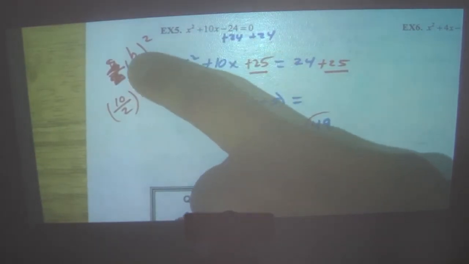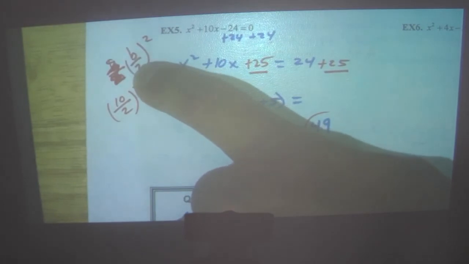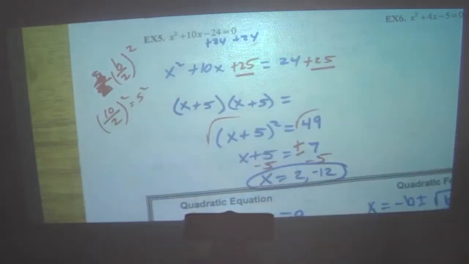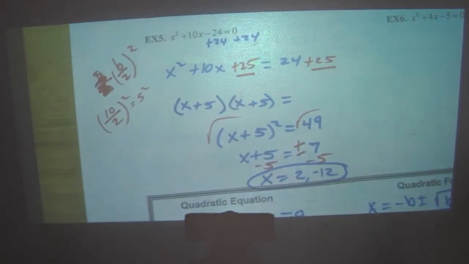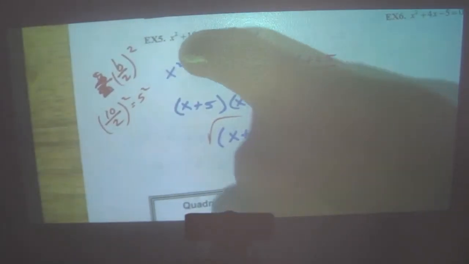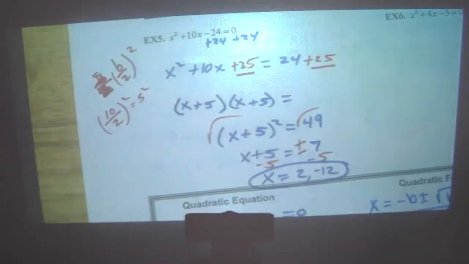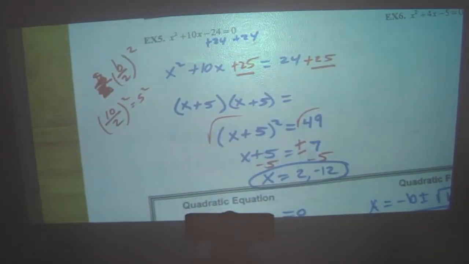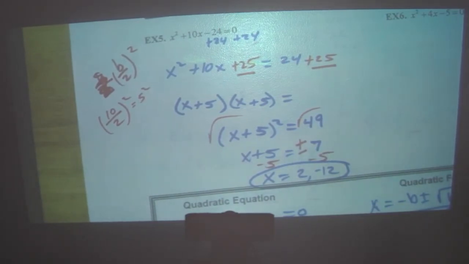Well, then I would have to take 7 divided by 2 and then square it, and I would have a fraction or a decimal. At any point, if this is an odd number, there's no way you could pay me enough money to do this by completing the square. No matter what the directions say, if it's an odd number, just use the quadratic formula or try factoring, okay? And that's the last thing for today, the quadratic formula.